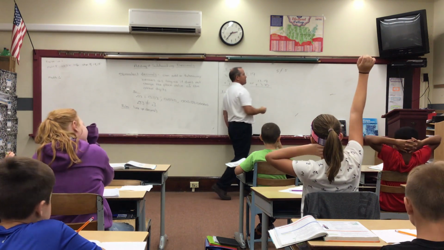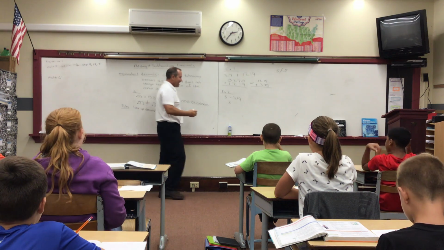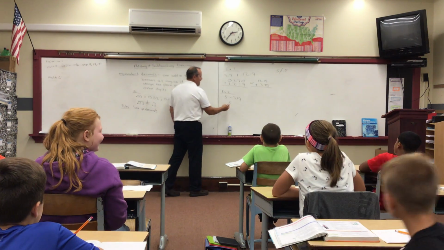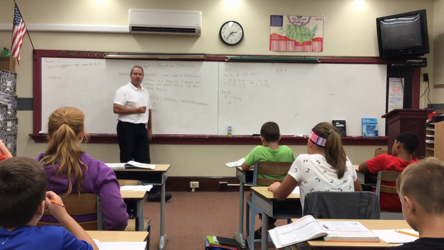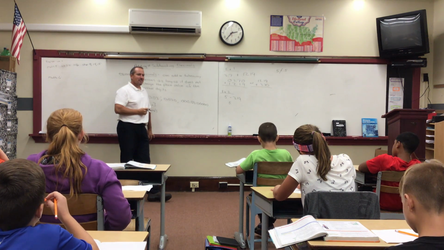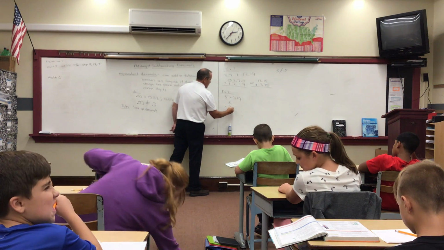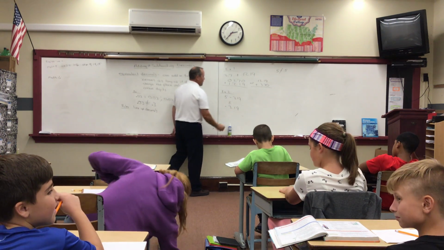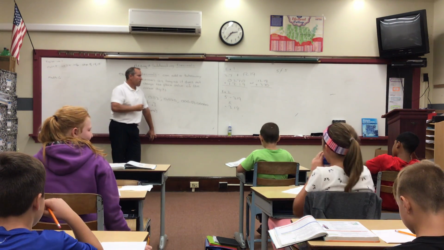You put a period at the end, like at the end of a sentence. Okay, so if there is no decimal, you can put a decimal at the end like the period at the end of a sentence. And then now we have a decimal, and so we can line up the decimal. And this type of problem is what's going to cause more trouble than any other type of problem, most likely.